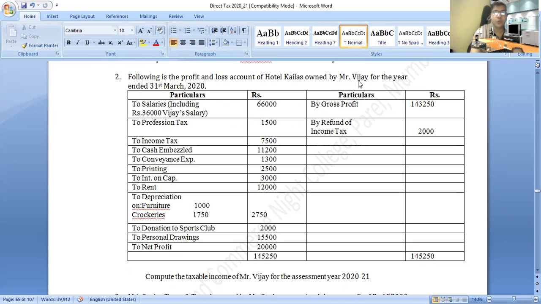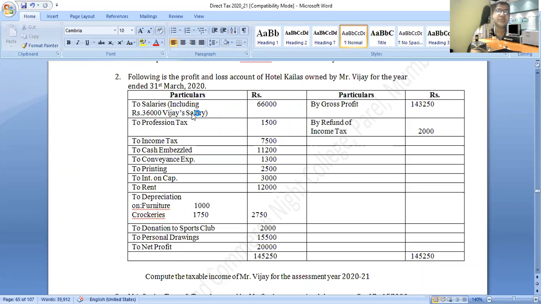Vijay is the owner of the Kailash Hotel, and he has received this salary. An owner cannot receive salary. How can an owner receive salary from his own business? An employee can receive salary from an employer. He is not an employee. Therefore, he has no right to get the salary. Therefore, this salary is disallowed.